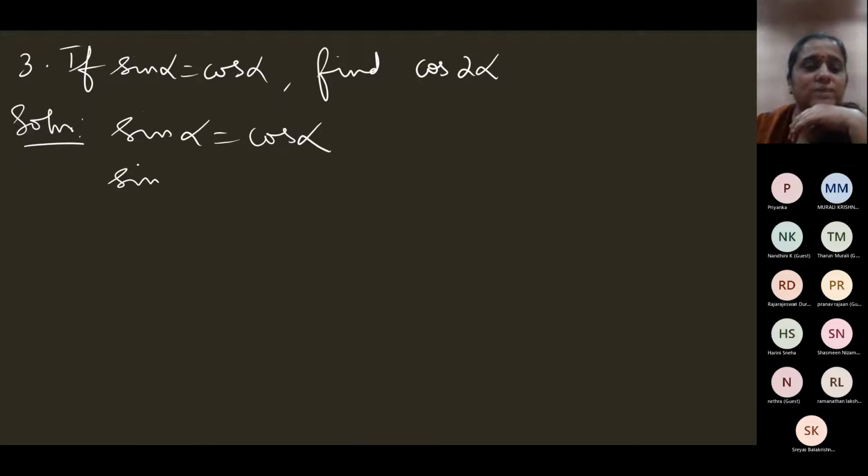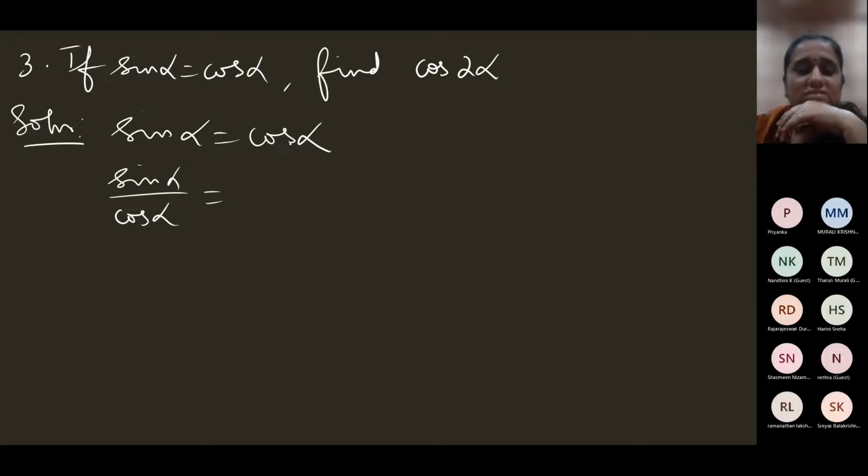Then what is sine alpha by cos alpha? Is equal to what? Tan alpha, ma'am. No, what should I write here? I've taken this cos alpha from the RHS to the LHS for division.